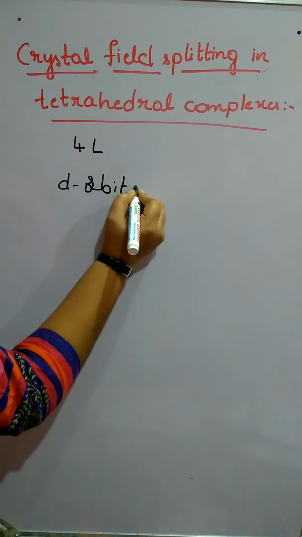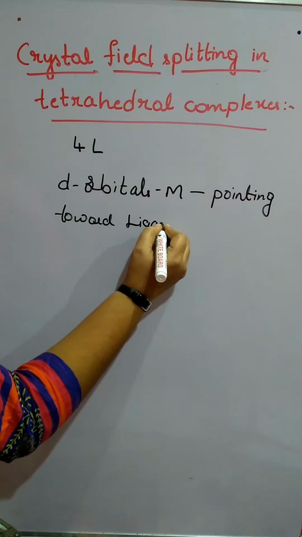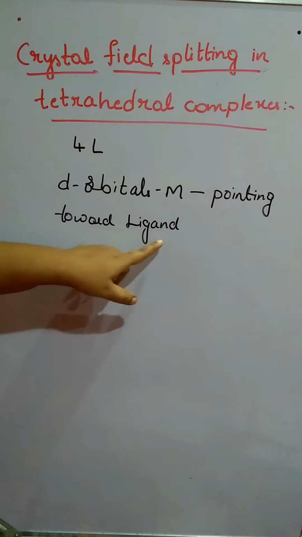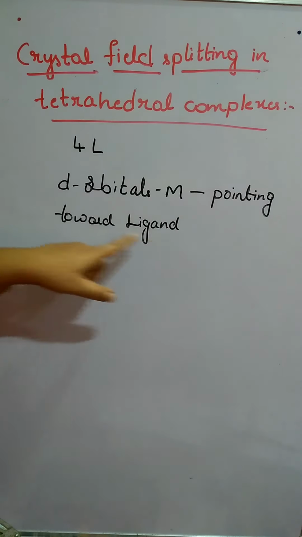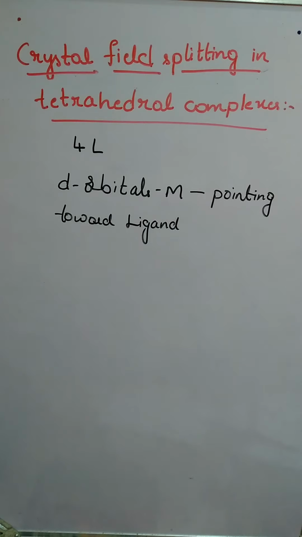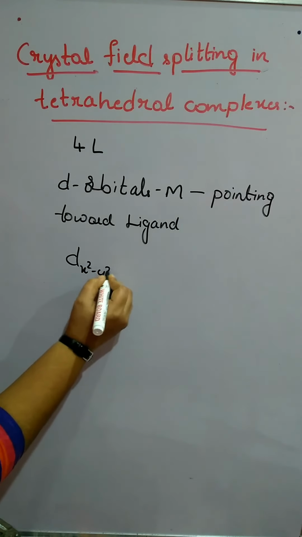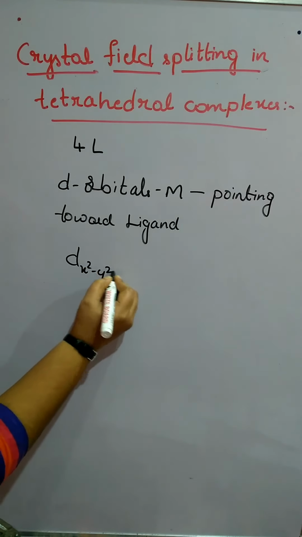That's what we can get from the tetrahedral complex. So the 4 ligands are not exactly pointing towards the d orbitals.